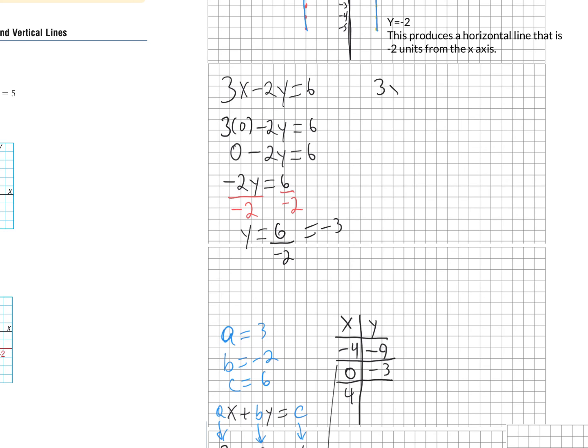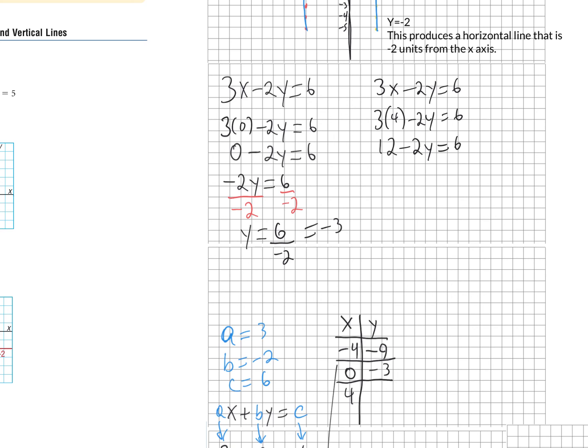And if I go 3x minus 2y equals 6, I can replace this x with a positive 4. This is going to give me 12 take away 2y equals 6.